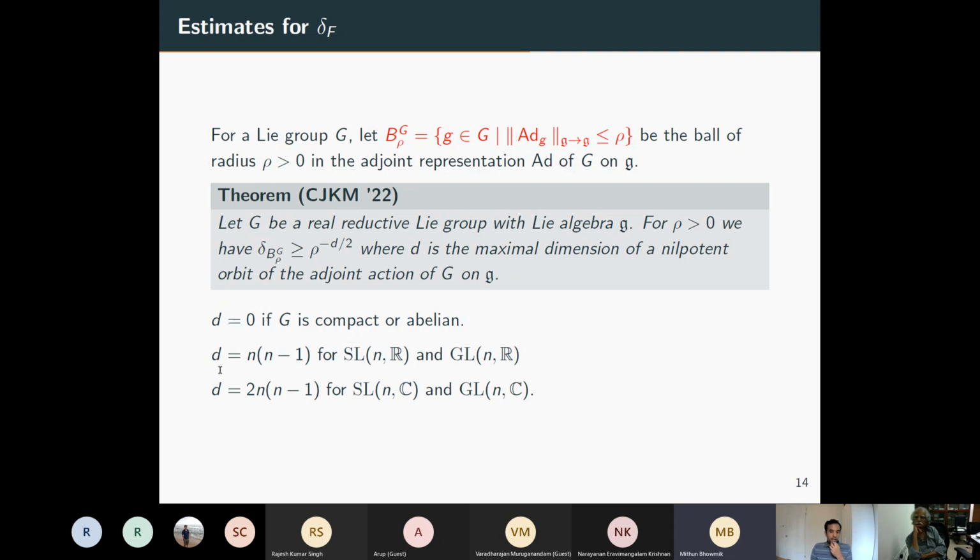For SL_n(R) and GL_n(R), this number D is n times n minus 1. For SL_n(C) and GL_n(C), it's 2 times n times n minus 1.